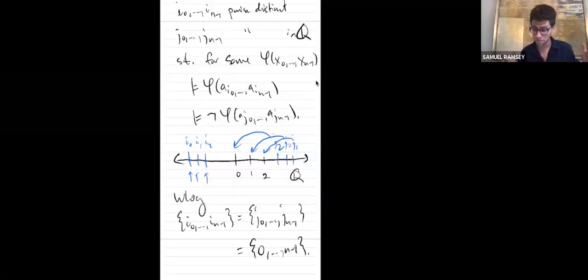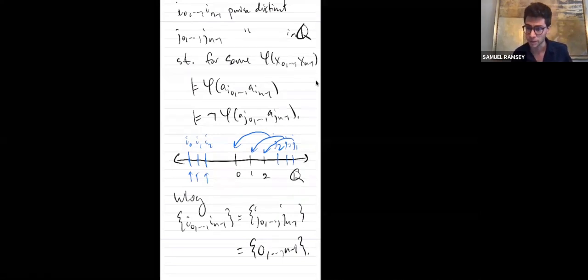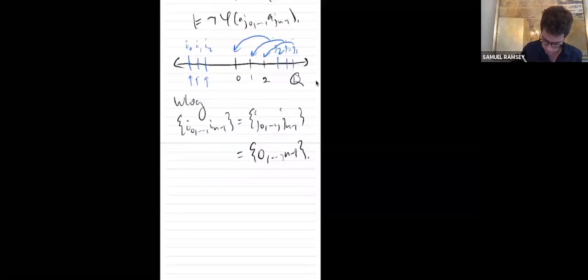Why? Well, because I can just change this n-tuple by sliding it and rearrange it so that it agrees with 0 through n-1. So I've got two n-tuples. They're going to be in different order, but I can assume that they're both the same set using the indiscernibility of I.